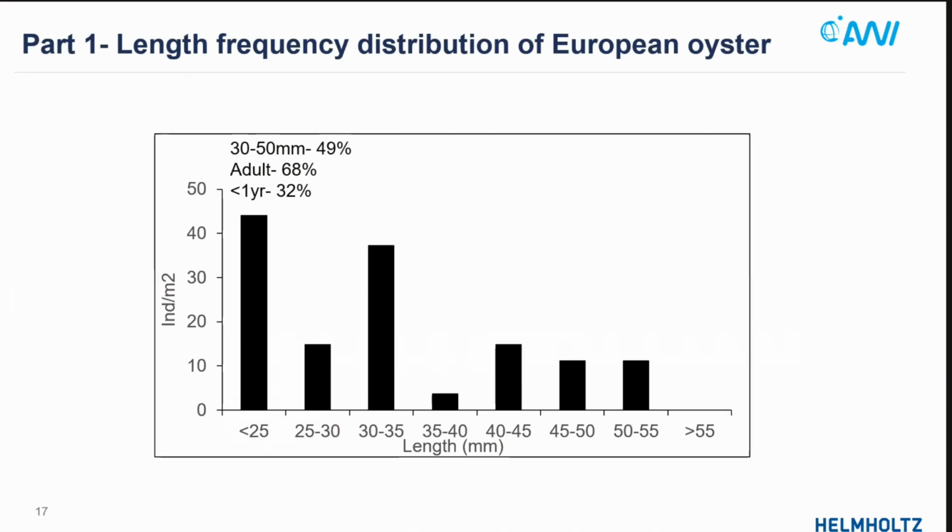For the European oyster length frequency distribution, we see a typical subtidal size spectrum, which is evidence of bed accretion and a persistent carbonate framework. These organisms can help in stabilizing the sediment, and that also affects organic carbon preservation.